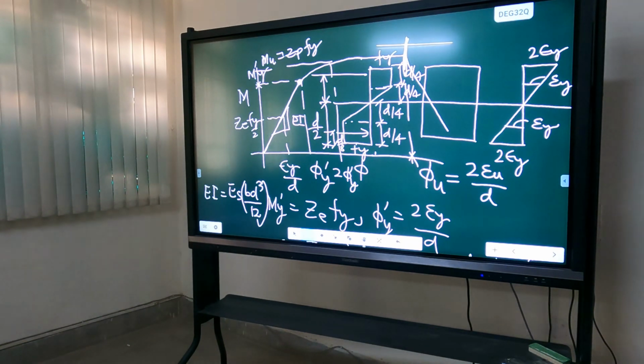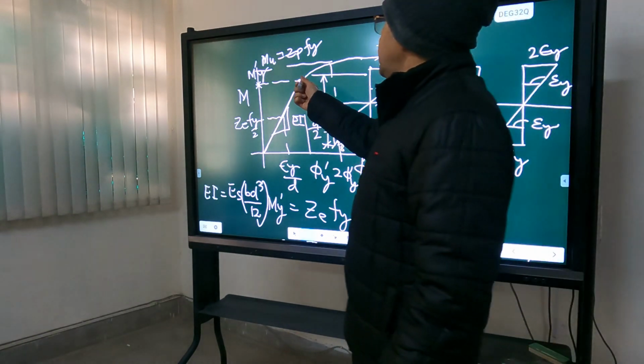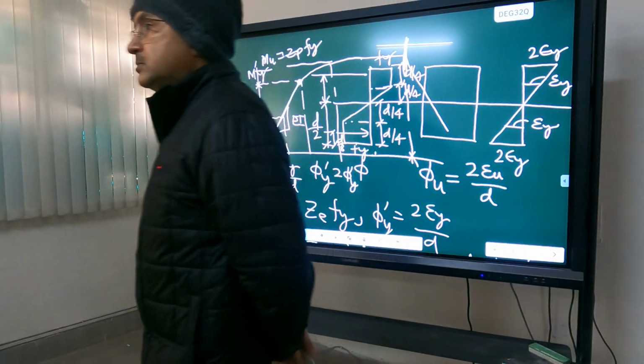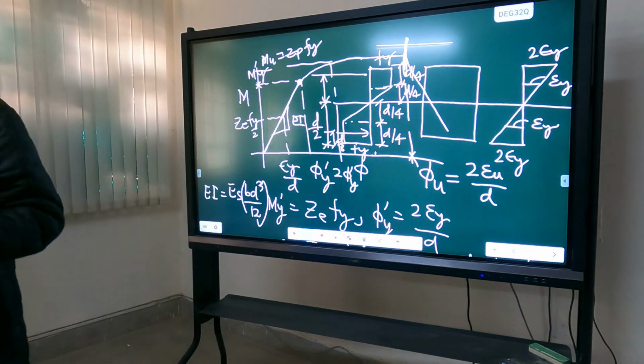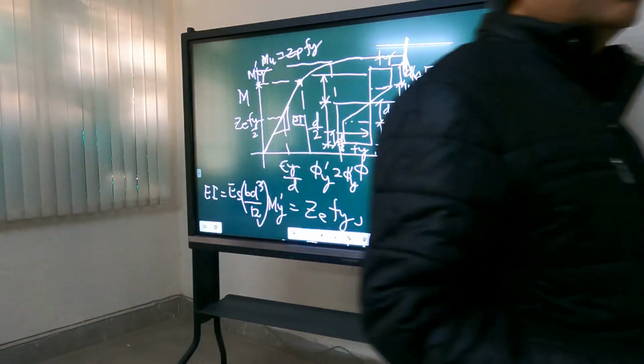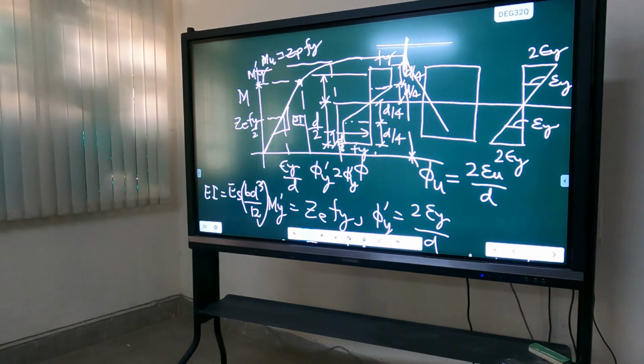Now, can you tell me, if I have to determine the yield point of this beam, this section, where is the yield point? Which point can you call the yield point? Is this the yield point? By definition, what is the yield point? When the extreme fiber reaches Fy? That is not definite.